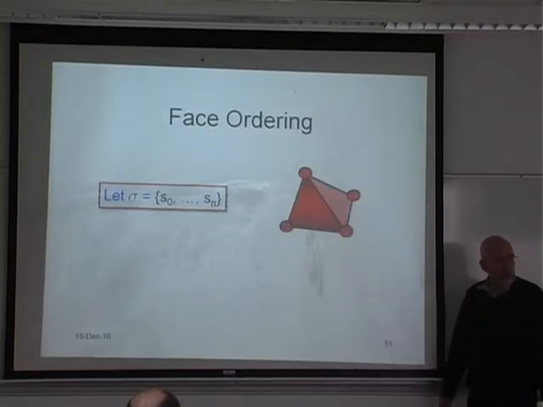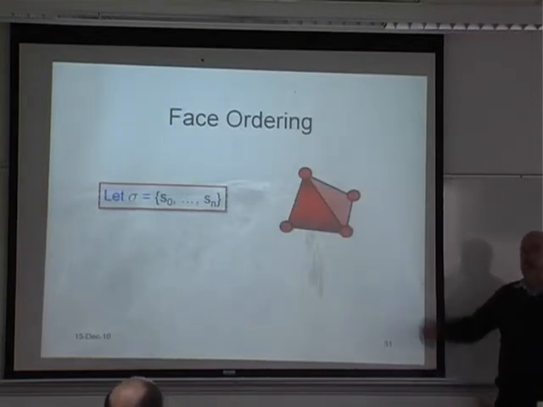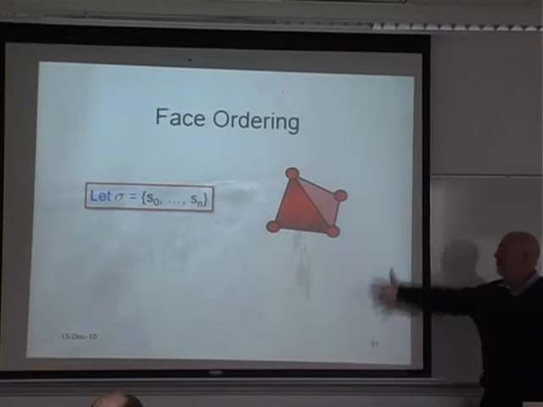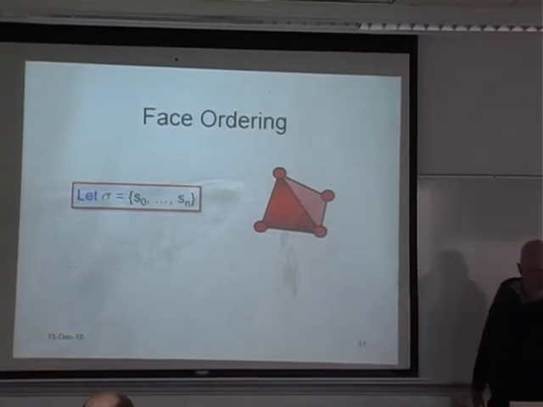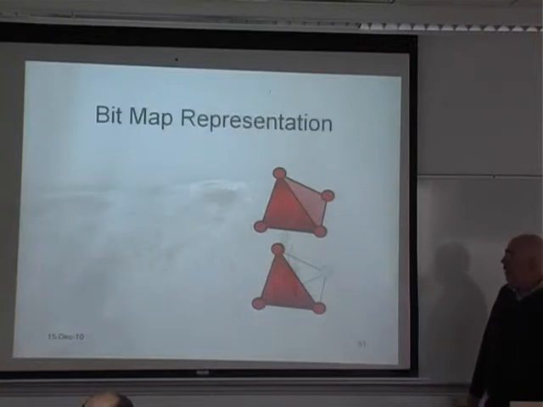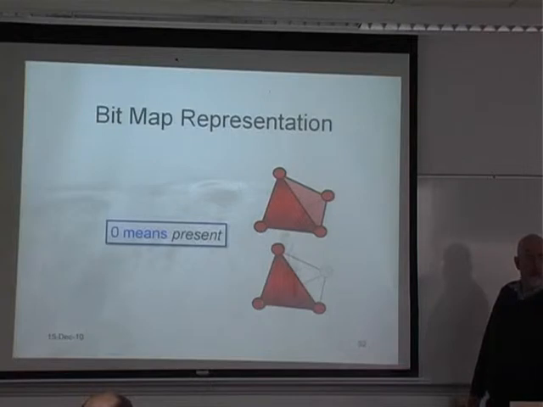We're going to do a lot of partial and total orders. So we're going to find something called face ordering. I'm going to take an arbitrary n simplex, and any face of it, of any dimension, and represent it as a bitmap where I use 0 to mean present, because I want the entire simplex to be the minimal element.